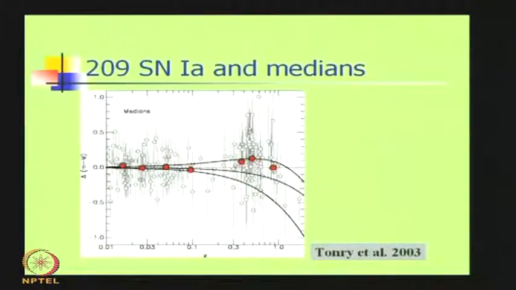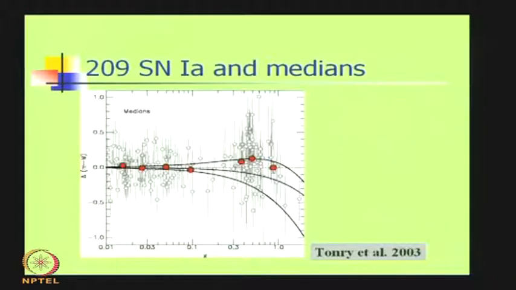The data shows that none of these three models are able to fit the supernova luminosity distances as a function of redshift. The distances come out larger than predicted by all three models, because the supernovae appear fainter than predicted.